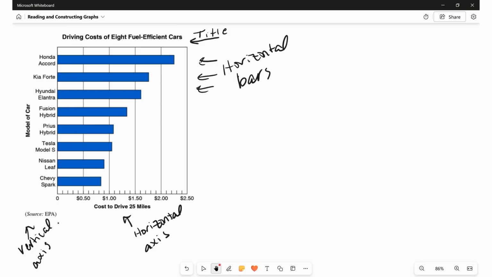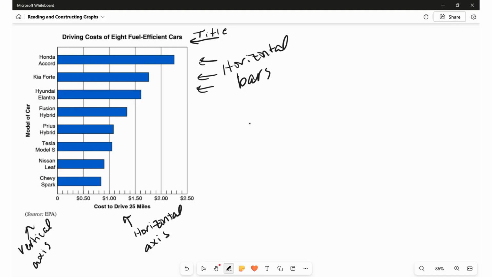And we can tell that out of these, the Honda Accord is the most expensive to drive. The Chevy Spark is the least expensive to drive. We can also figure out specific things.